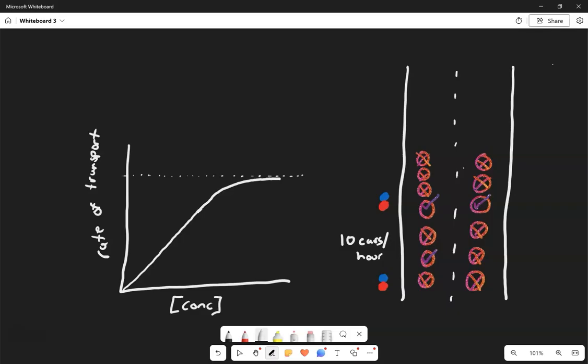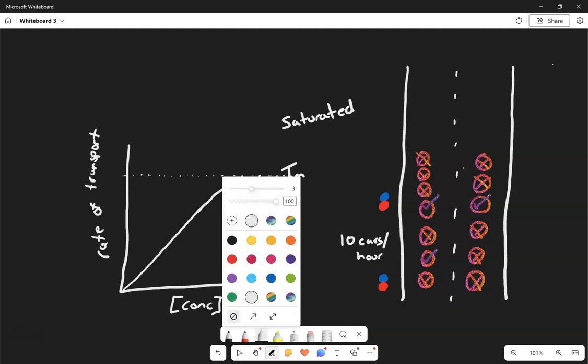And we hit what is called the transport maximum, often abbreviated TM, or some people will call this Tmax, okay? And it's at this point that those channels are said to be saturated, okay? So with that, we can only transport as many things as possible.